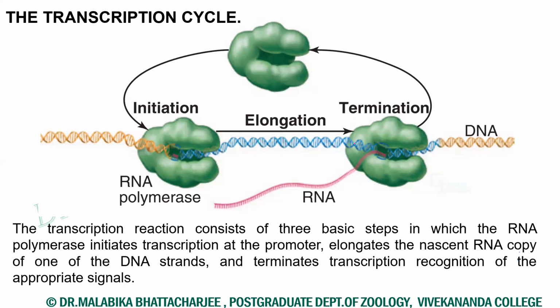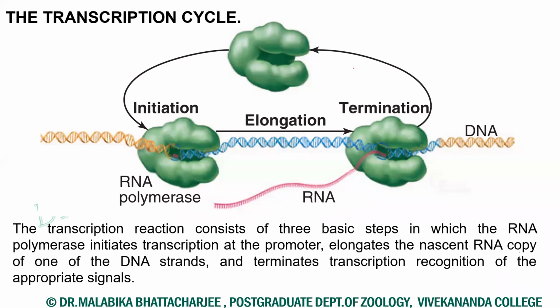And when the polymerase reaches the terminator region, depending on whether the terminator region has a two-fold symmetry or whether it has a rut sequence, there are two kinds of termination. So the polymerase gets terminated and the polymerase is released.